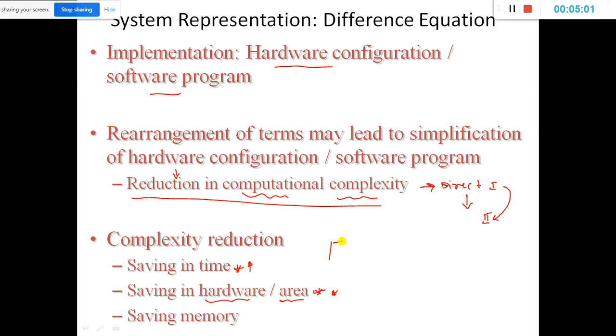If there are fewer connections in my hardware, obviously my area is less. As the area is less, the computation time obviously decreases. And another very important point, I'm saving my memory. When I say memory, it is nothing but the number of flip-flops that I'm trying to reduce.